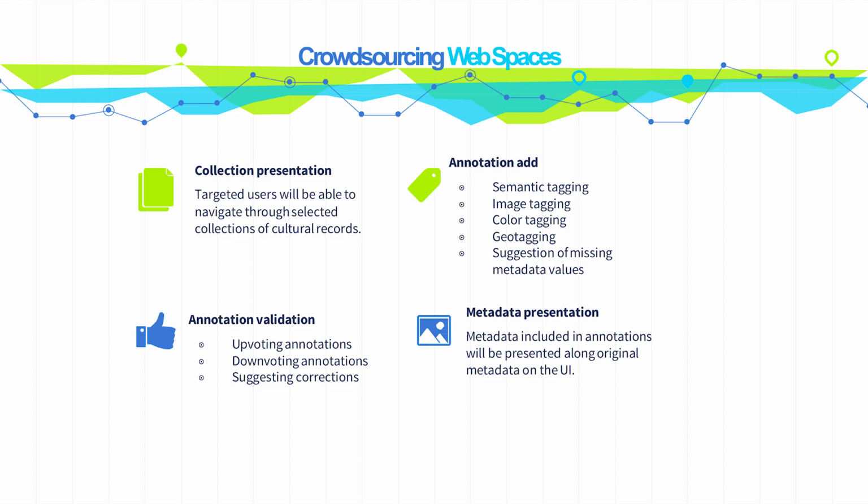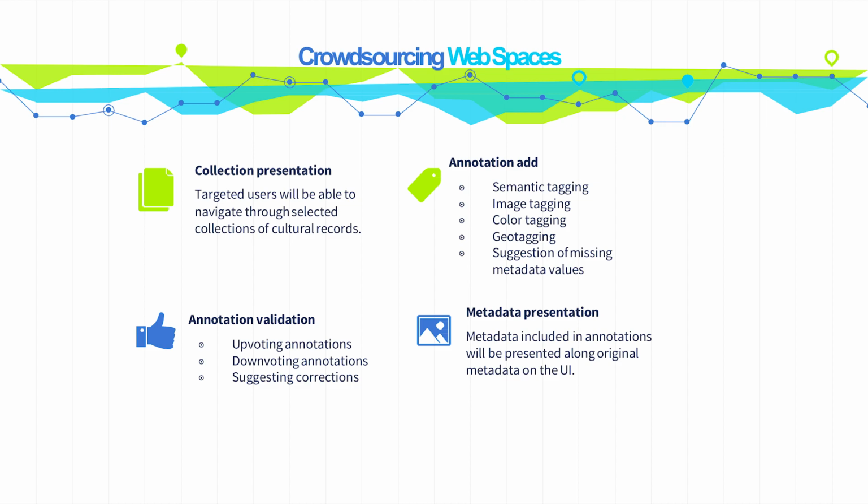So in Crowd Heritage, we are creating crowdsourcing web spaces. Through the crowdsourcing web spaces, targeted users will be able to navigate through selected collections of cultural records and add different types of annotations like semantic tagging, image tagging, geotagging. They can also suggest values for selected metadata fields.